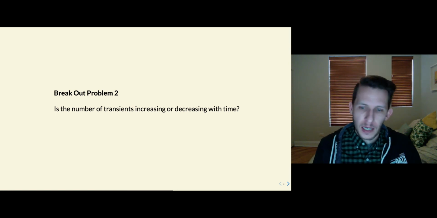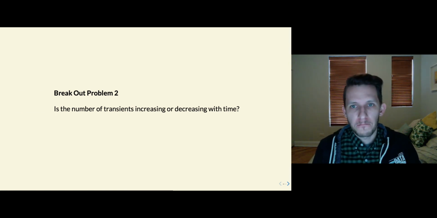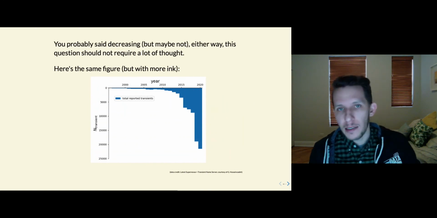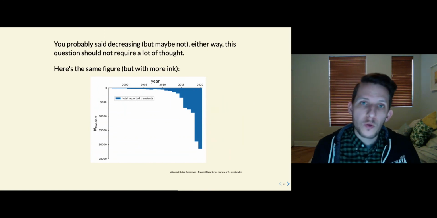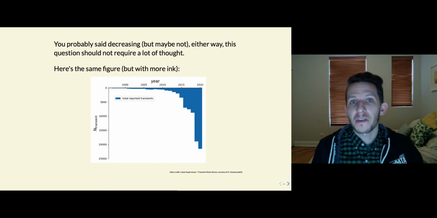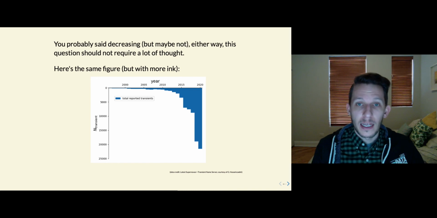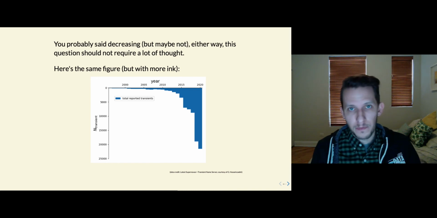Okay. I assume at this point you probably have an answer. You probably said decreasing, but maybe not. But honestly, either way, the fact that this is actually a question where you have to think about what the answer is is a real problem.